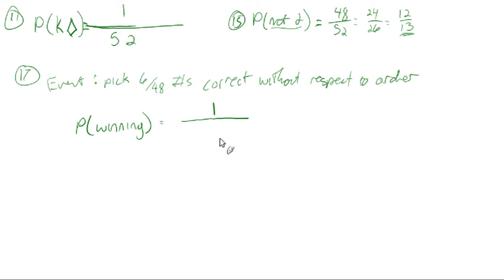So I just care about how many combinations of numbers there are. How many ways are there to pick 6 numbers out of 48 numbers and not care about the order? Not caring about the order means to use combinations. We're picking out of 48 numbers, and we're going to pick 6 of them. So that's 1 in 12,271,512.